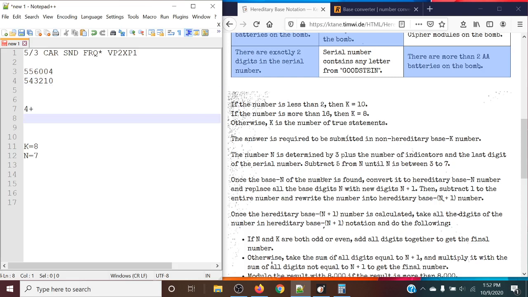Next up we have 6 times 7 to the power of 3. Then we have 5 times 7 to the power of 4. And we have 5 times 7 to the power of 5. Notice how none of these exponents go above 7. So we are good, and we do not have to write hereditary base notation.